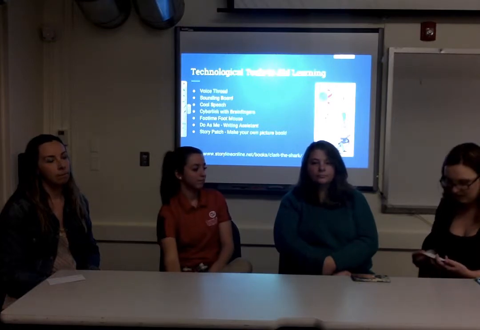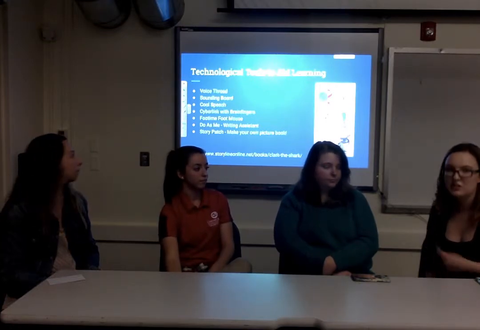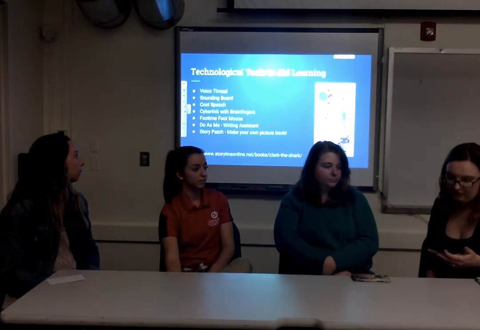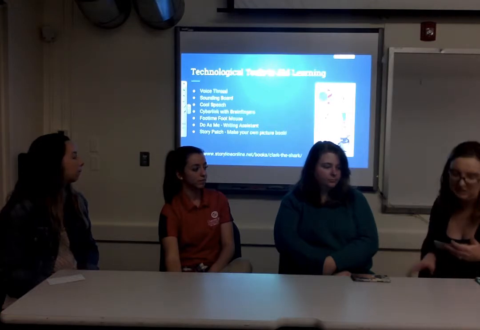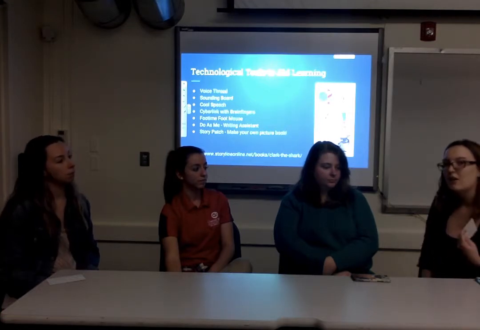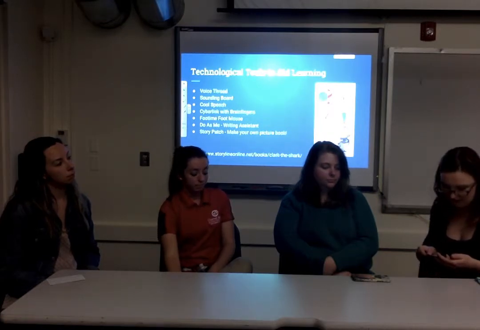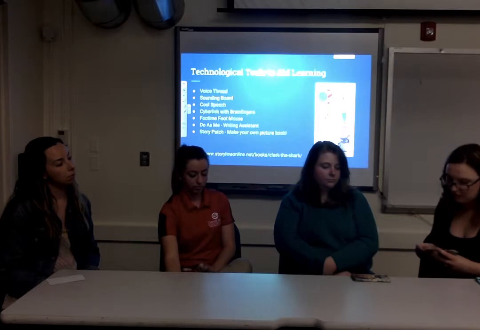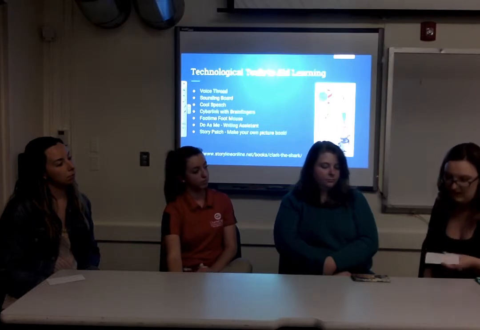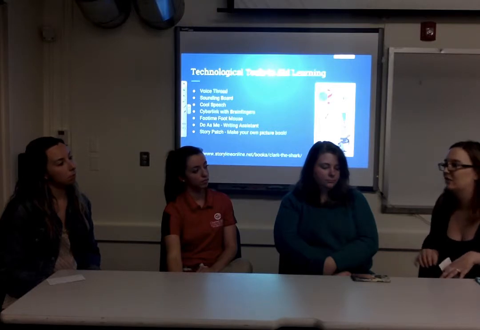And then another one was called Cool Speech, which is just some technology that converts any kind of written text into spoken word. So for people with visual impairments, they can hear it instead. And then one called Brain Fingers, which is a type of technology that allows for hands-free control of a computer.